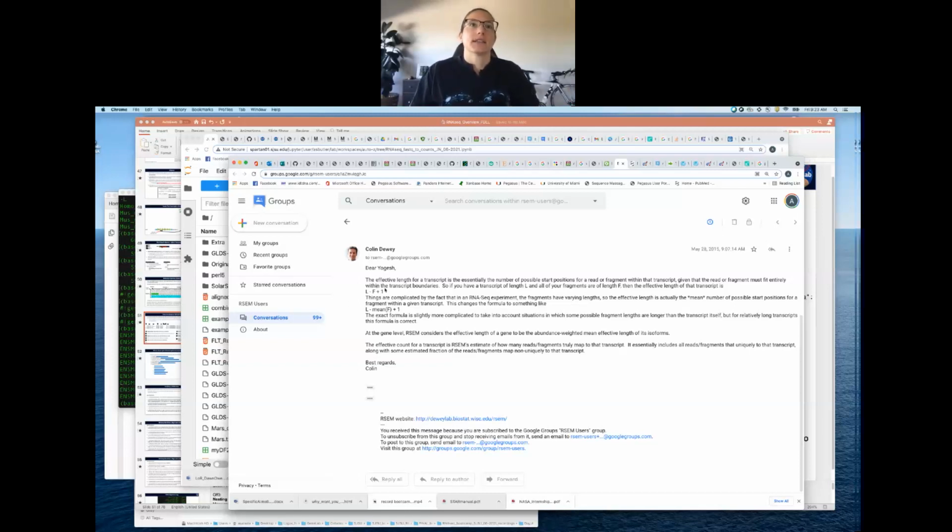So he's saying here that the effective length for a transcript is essentially the number of possible start positions for a read or fragment within that transcript, given that the read or fragment has to fit entirely within the transcript boundaries.